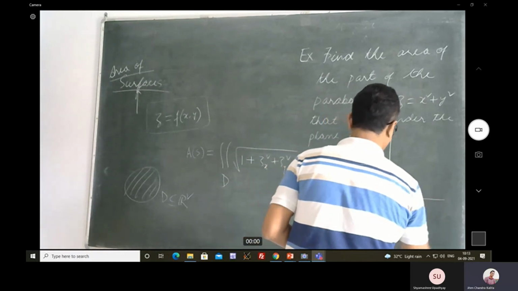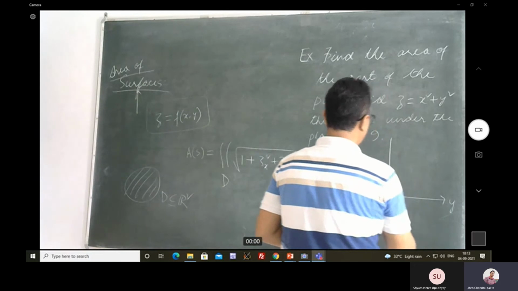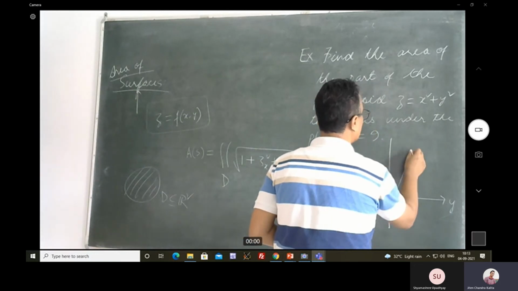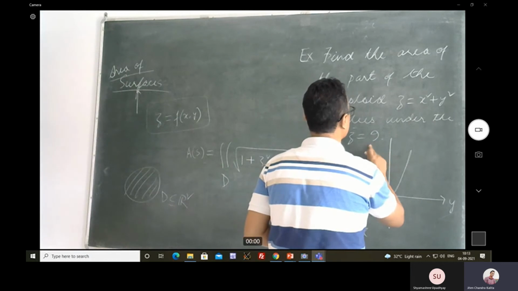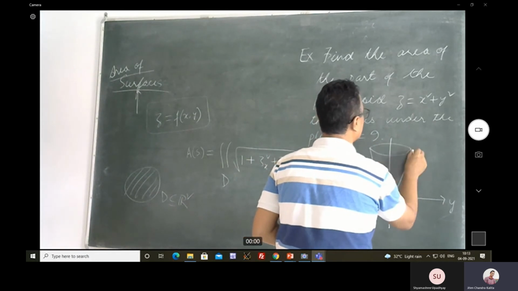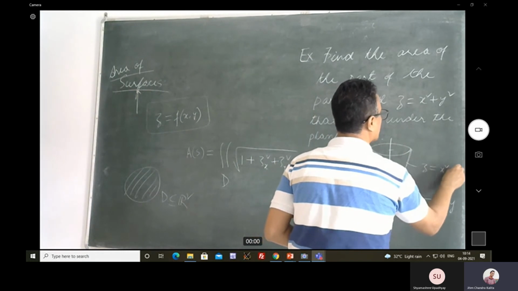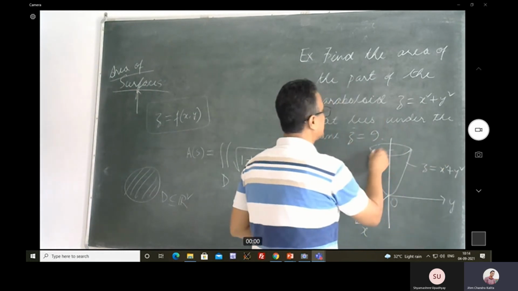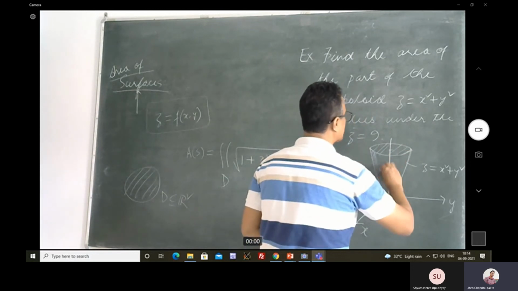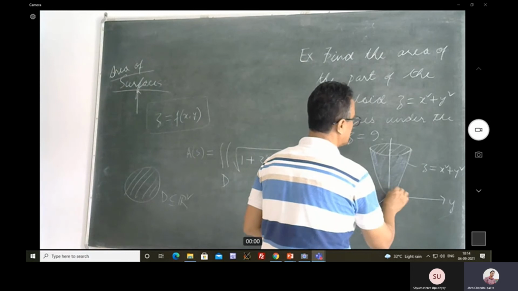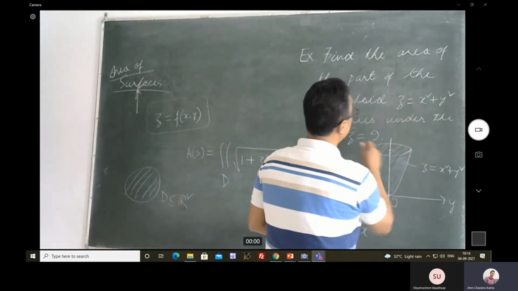This is the paraboloid given by z equal to x squared plus y squared, and we have to find the area of this surface that lies under the plane z equal to 9.